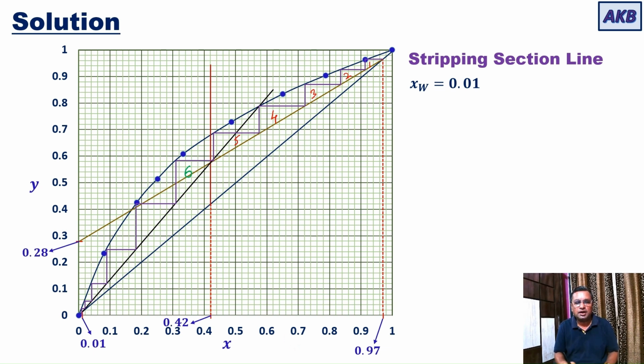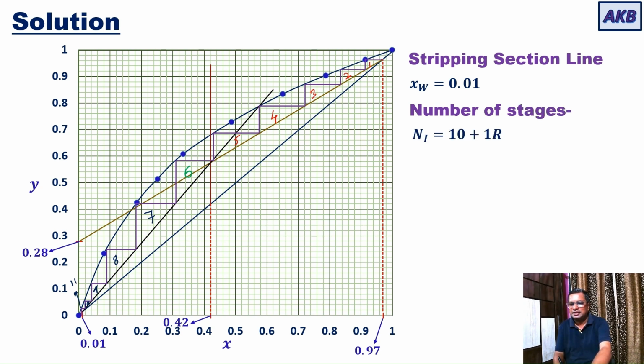Then when you are in the stripping section, I will use a different color. So the 7th plate will be in the stripping section, 8, 9, 10, and there is one small one, that is the 11th stage. This is actually the reboiler. So in this case, the number of ideal stages is 10 plus 1 reboiler. There are 10 stages and the 11th is the reboiler.